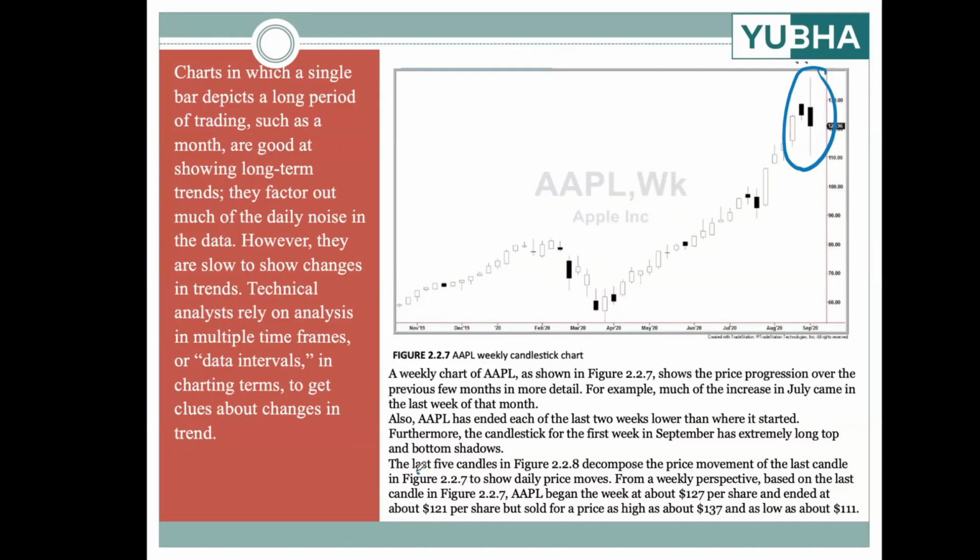The last five candles in 2.2.8. So this is 227. If we go over here, this is a weekly candle. So this is the weekly chart of Apple. If you look at 228, that is the daily candle, and that shows the price movement for that entire week.